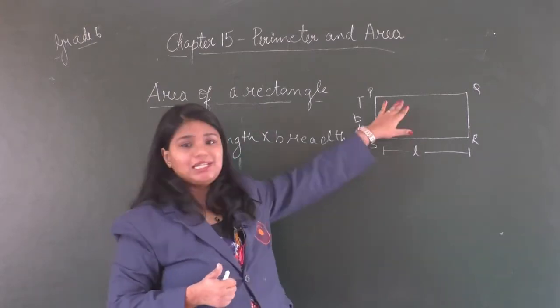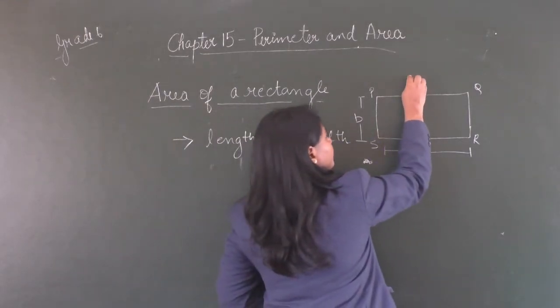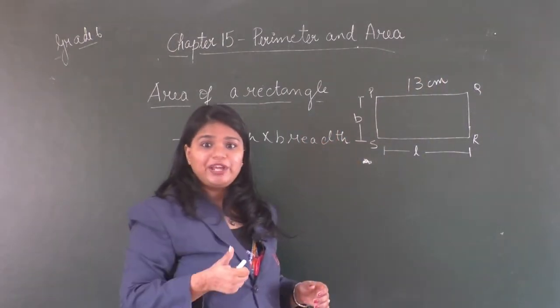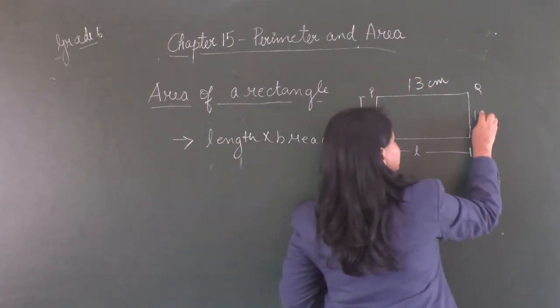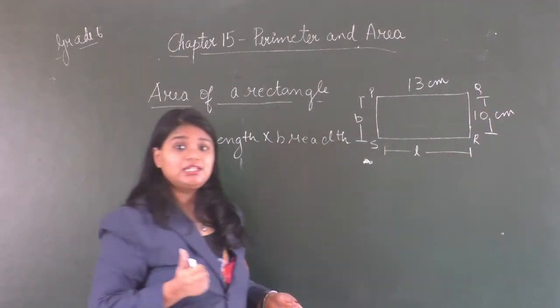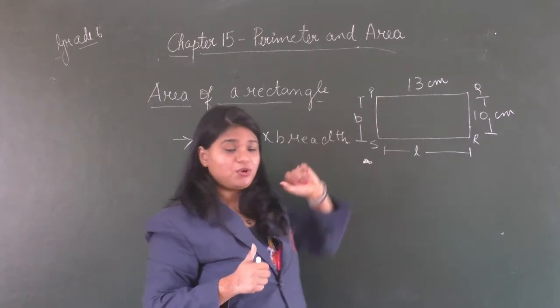So let's mention the measure of length and breadth. For example, the length is equal to 13 centimeter and the breadth is equal to 10 centimeter. So let's calculate the area of the rectangle PQRS.